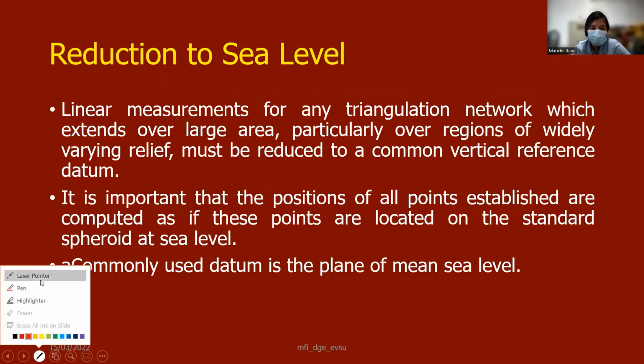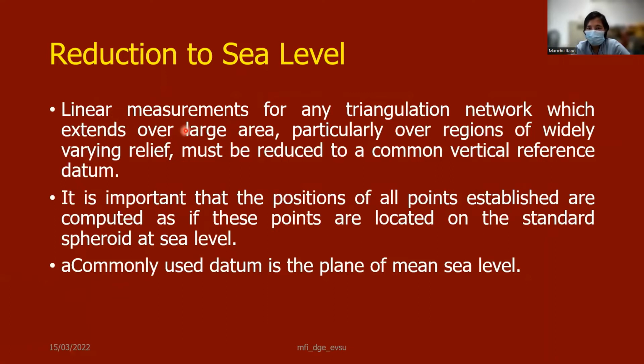So, pag sobrang haba na ng ating baseline, for example, ang length ng ating quadrilateral, particularly over regions of widely varying relief. Like for example, here in the Philippines, sobrang rugged ng ating terrain. And then, limited lang yung makikita mong sobrang plain yung terrain. Must be reduced to a common vertical reference datum.